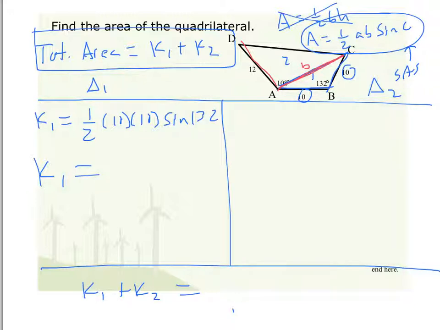But I don't know theta. Let's call that the angle in between. And then side length B, the other side for the SAS component, I don't have that either. Triangle 1 was a pretty simple case because I had all the information. Here I have one of the three.